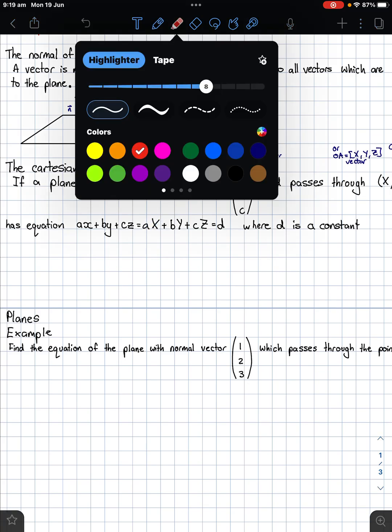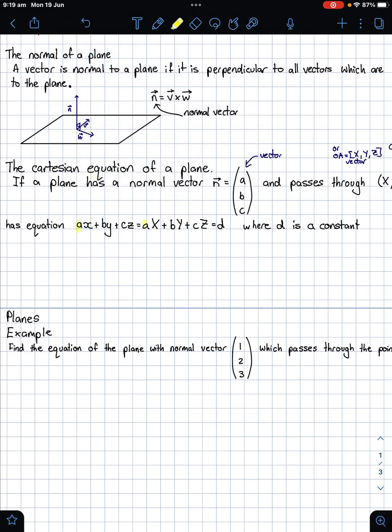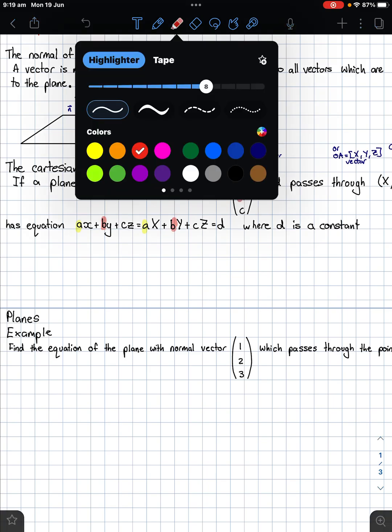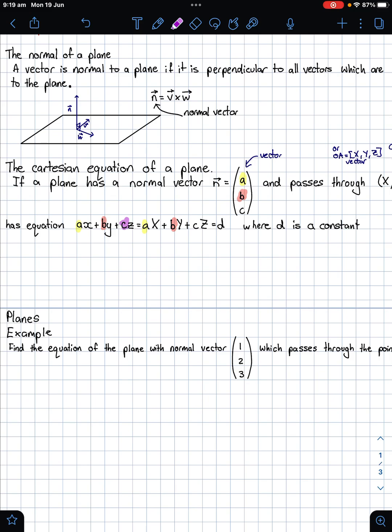Maybe I'll highlight these to make them clearer. This a is the same as this a, then b, b and b, and then c, c and c. These three things multiplied together will give us a constant, which will be d.